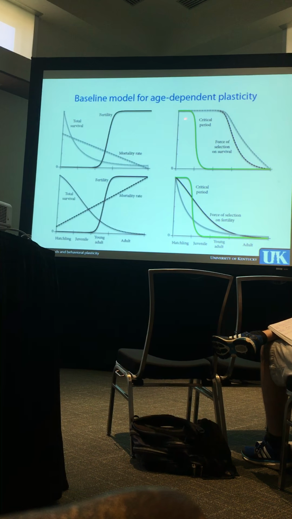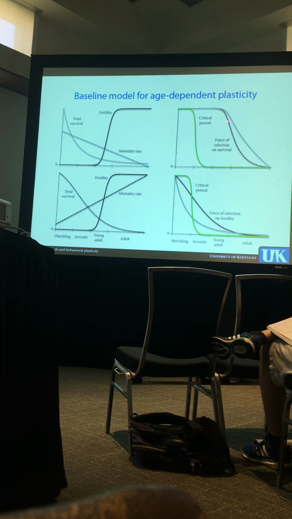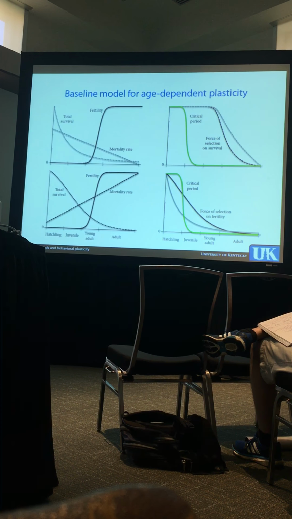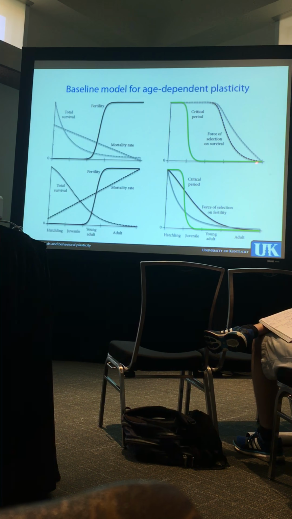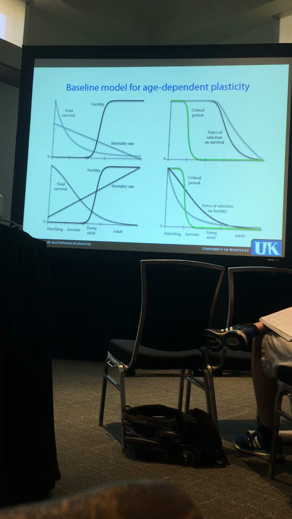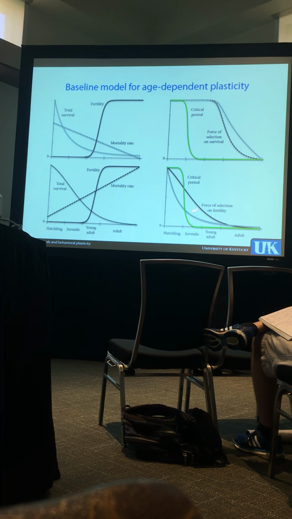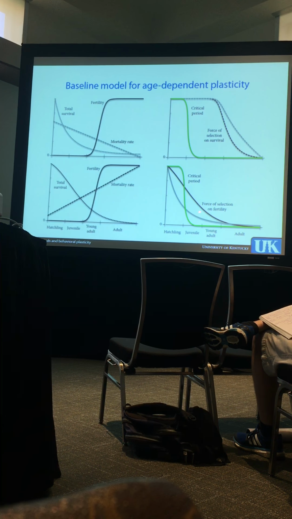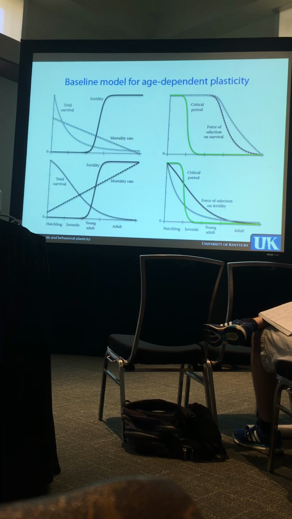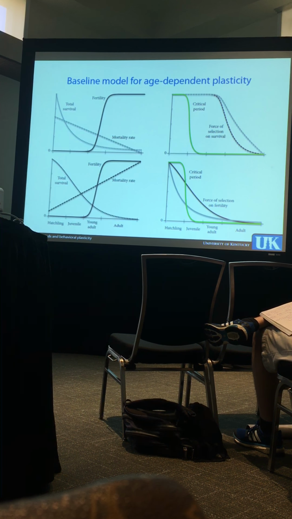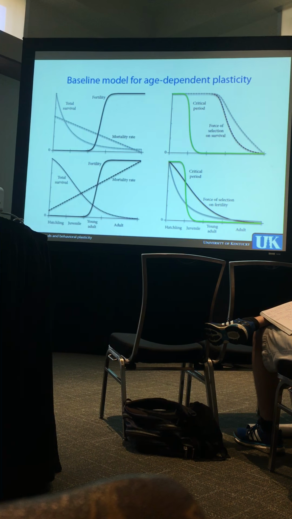So for example, we might think that because here the force of selection is strong over the whole course of time that the critical period is acting, the closure of this might have a selective basis that's not connected with senescence. But whereas here the force of selection is decaying strongly around the time the critical period begins to decay, it may not be as clear that senescence effects aren't something that could be important in the closure of this critical period.